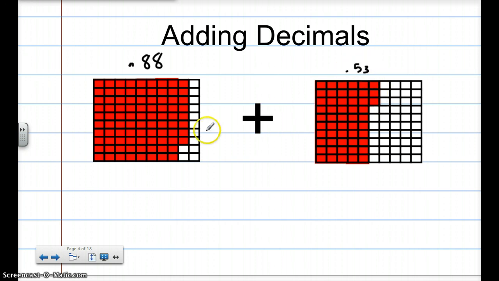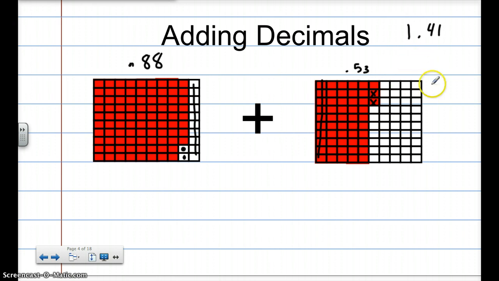So I'm going to move right here and right here, and I'm going to take that off. And now I'm going to take from here and fill this in. This made one whole. So then I just have to count what's left over here. 10, 20, 30, 40, 41. So this would be one whole and 41 hundredths.